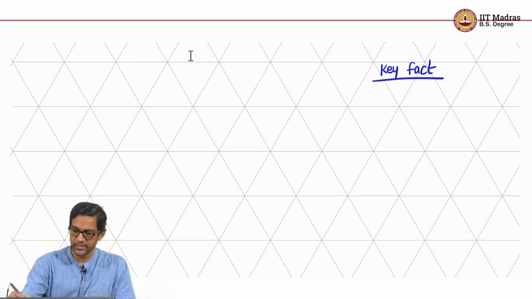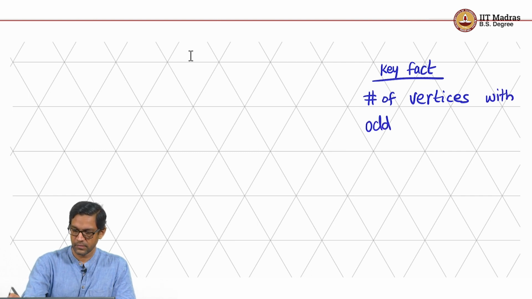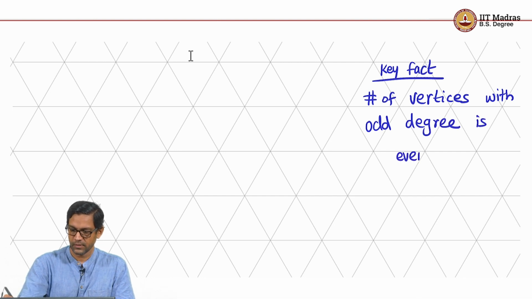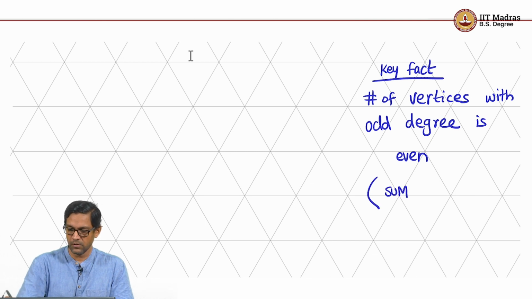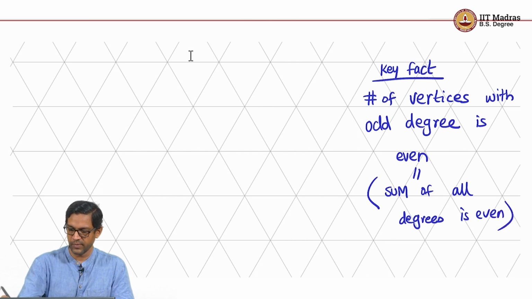So, as a consequence, the number of vertices with odd degree in a graph is always an even number. This follows from the fact that the sum of all degrees is always even. It was twice the number of edges, and that implied this other fact. Okay, and this was what went into the proof of Sperner's lemma.